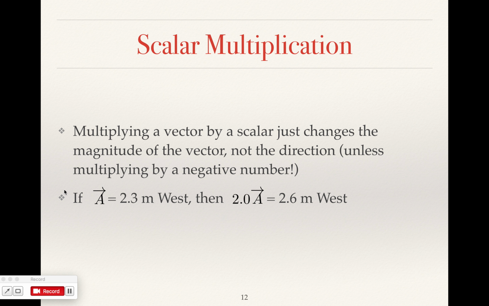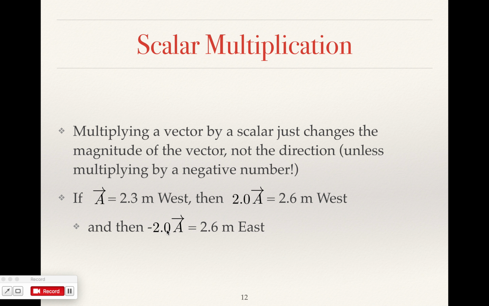If I have some vector A that's 2.3 meters west, and I multiply that by 2, then 2 times vector A is going to be 4.6 meters west. Similarly, if vector A is 2.3 meters west and I multiply that by negative 2, it's going to be 4.6 meters east.